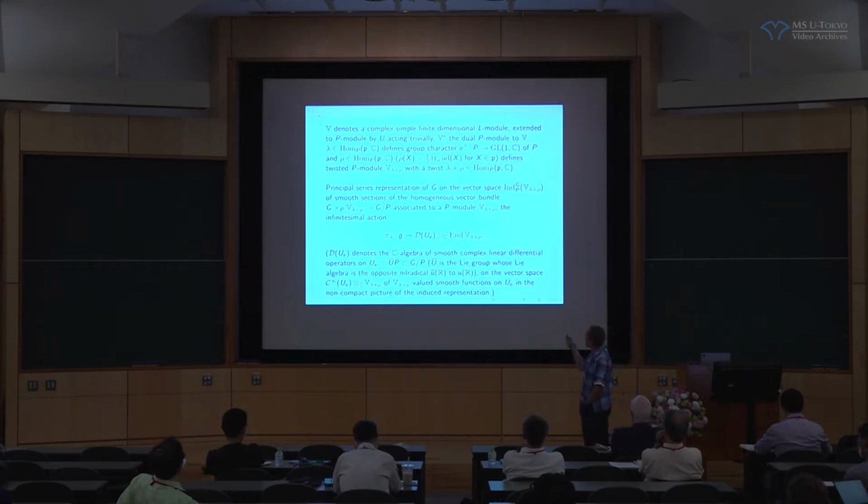So rho is that special element which is given by 1/2 of the trace of the adjoint action of the element P restricted to the positive nilradical U of P.